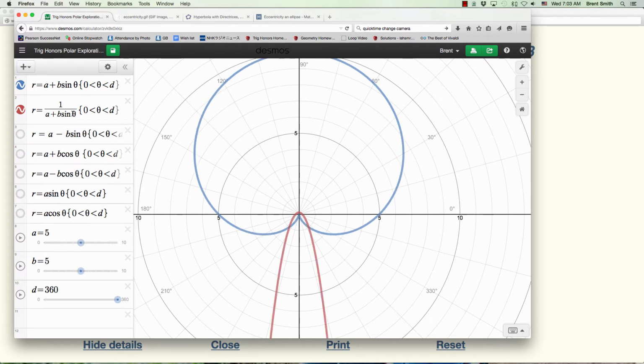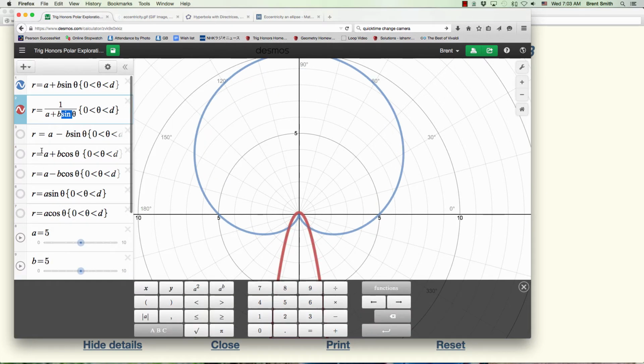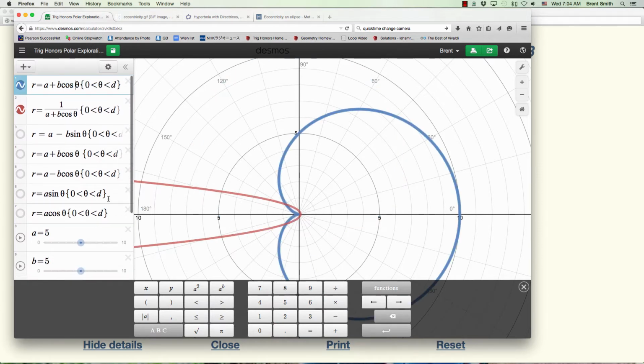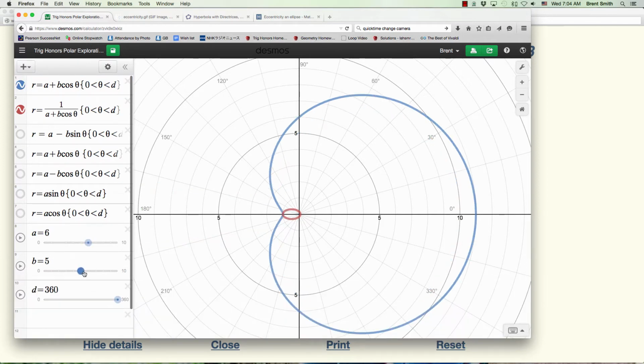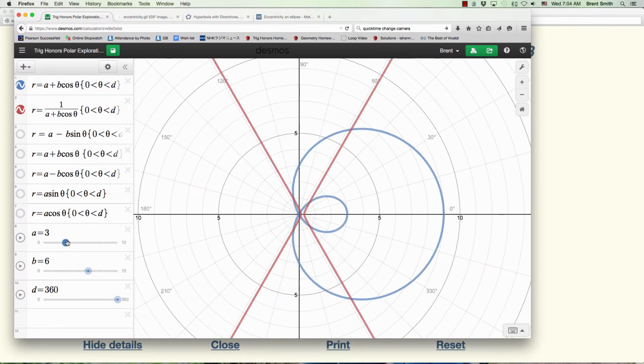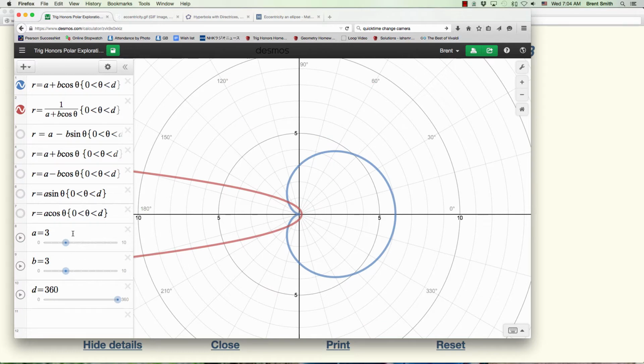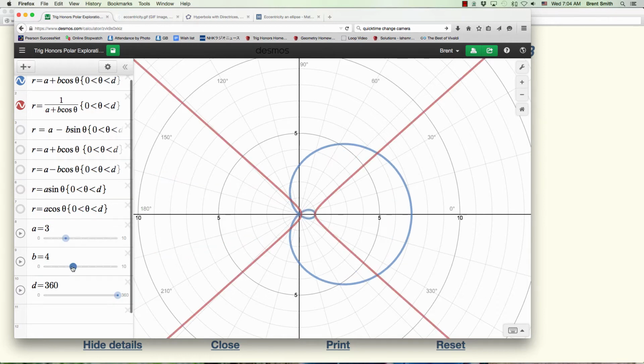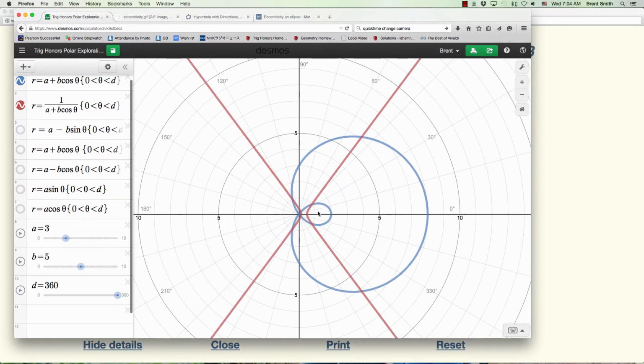I can switch this to be cosine, and this would be cosine. And look, it's still a parabola. If A is equal to B, it's going to be a parabola. Now let's take a look if A is less than B. So B overpowers A. That's when we have this loop here, and our reciprocal function, the red one, is going to be a hyperbola.